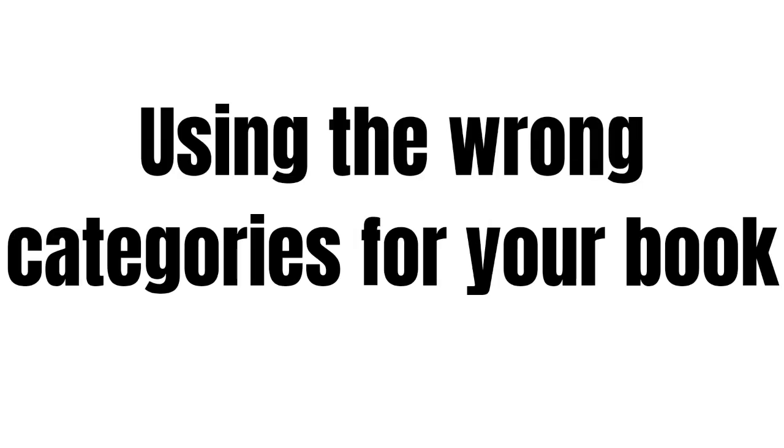Number 4 is using the wrong category. If you are using the wrong category, like you are writing a book on the health niche, and you put your book category under the love niche, it is not advisable. You have to put your category according to the book title, according to what the book is all about.